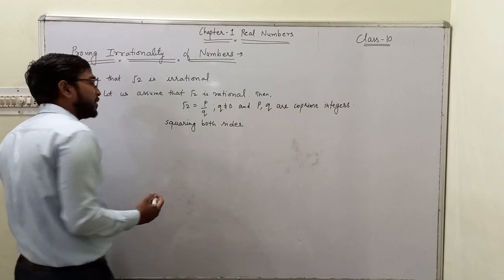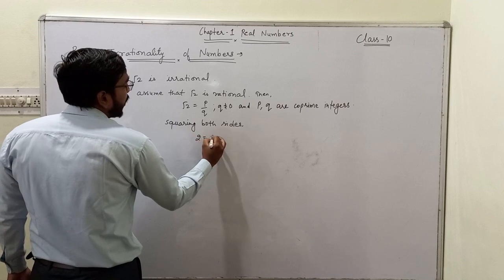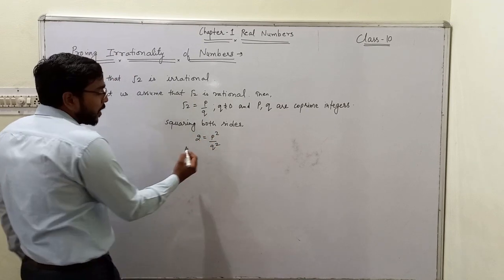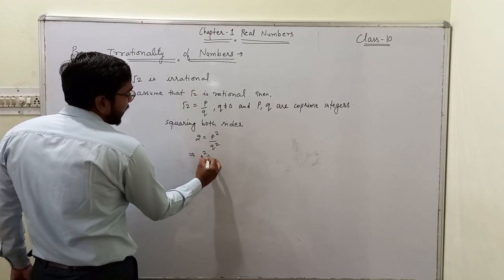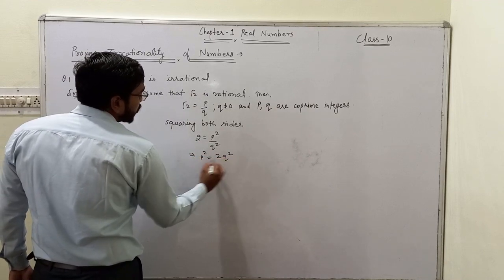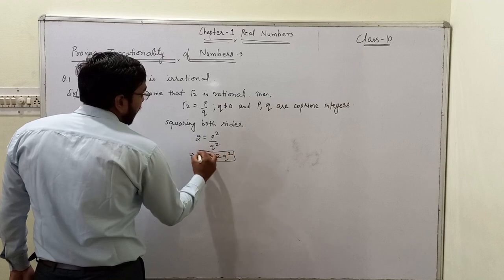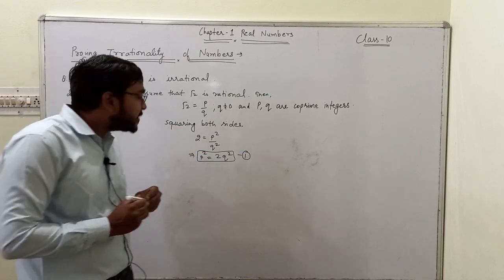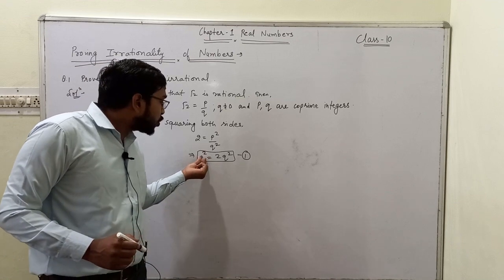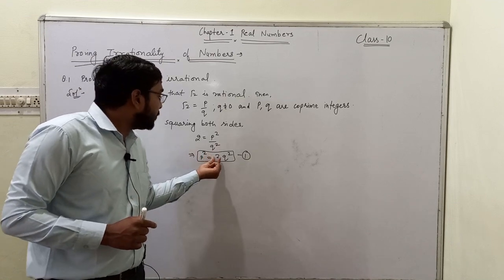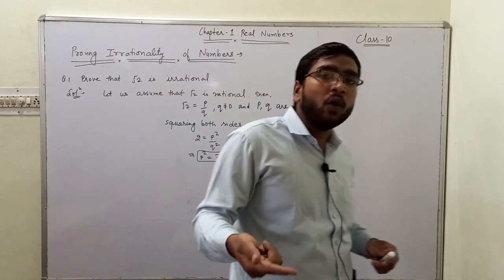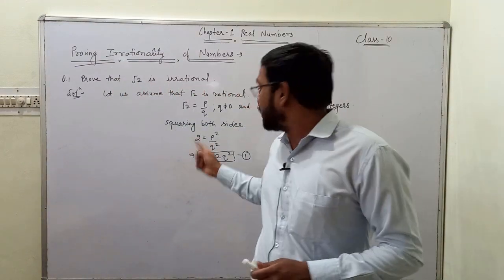Squaring both sides, we get 2 equals p square upon q square. On solving this we get p square equals 2q square. Let me take it as equation number 1. Now I can see that p square can be obtained by multiplying 2 and q square. So q square and 2 are both factors of p square.